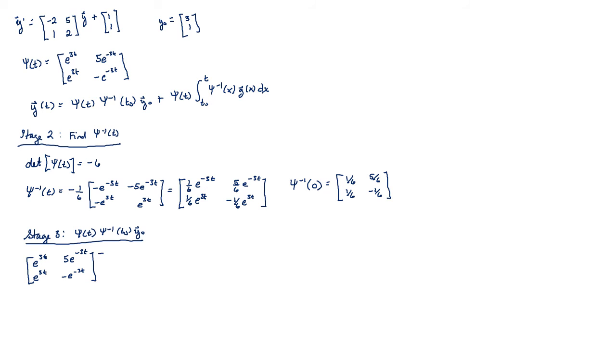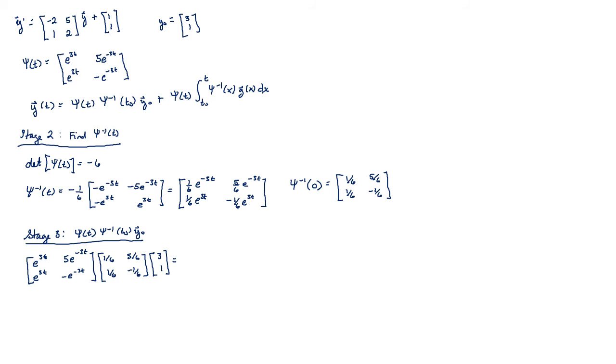We're going to multiply that by psi inverse of 0, which is 1/6, and 5/6 in the top row, and 1/6 and negative 1/6 in the bottom row. And then we're going to multiply by y naught, which is the column vector 3, 1. So here we go. Remember, we multiply from left to right. So we're going to take this first and second matrices and we're going to multiply them together.